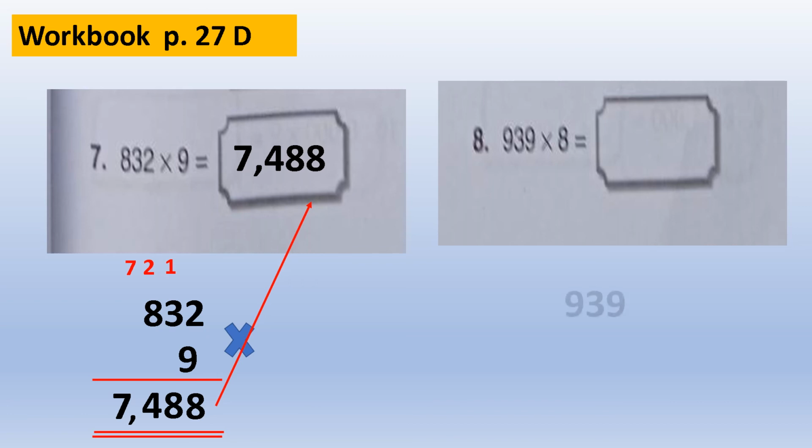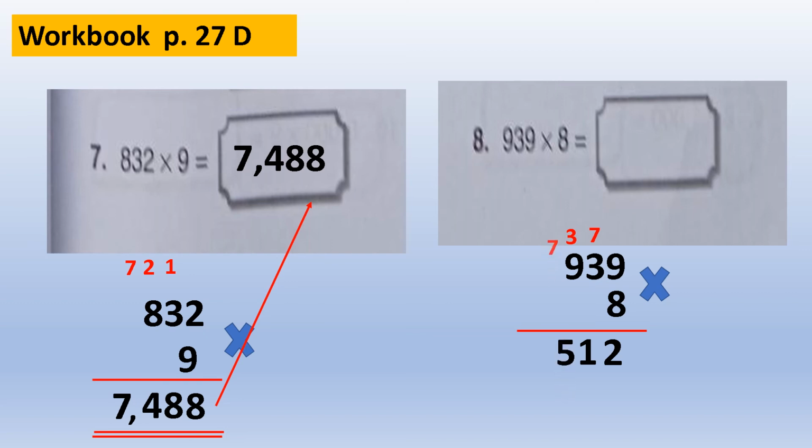939 times 8. Write the numbers vertically and then multiply each of the digits of the multiplicand. So you say 9 times 8 is 72, but you write only 2 and then carry over 7. 3 times 8 is 24 plus 7 is 31. Carry over 3. 9 times 8 is equal to 72 plus 3 is 75.